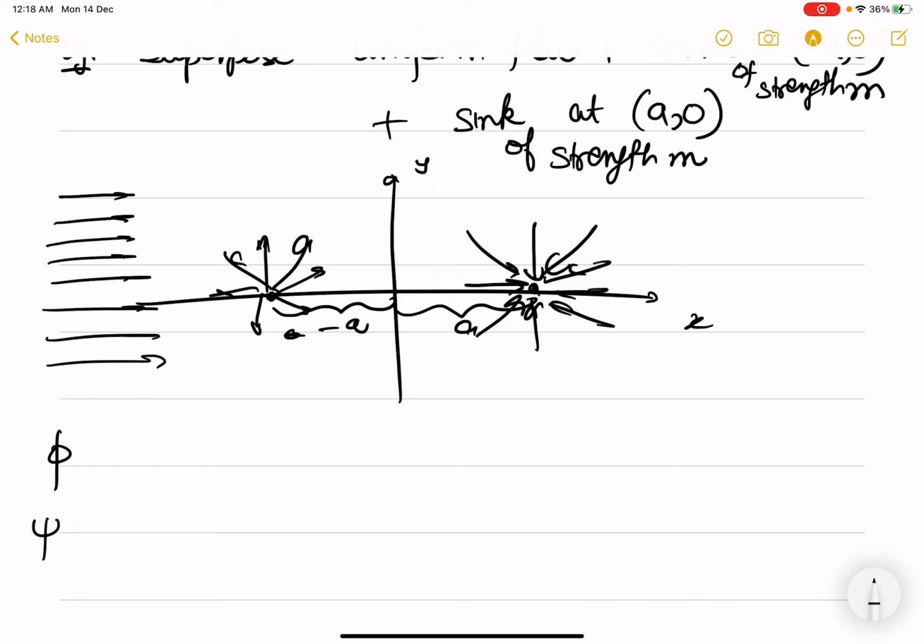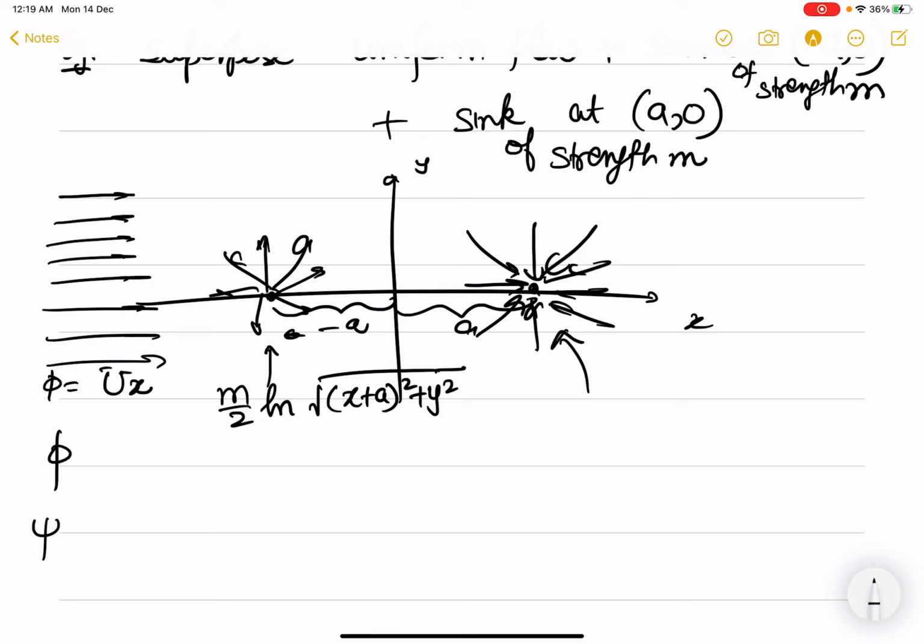So now if I look at it, phi for the uniform flow is equal to ux. Phi for the source will be given by m log of r. So now it becomes m log of square root of x plus a square plus y square.